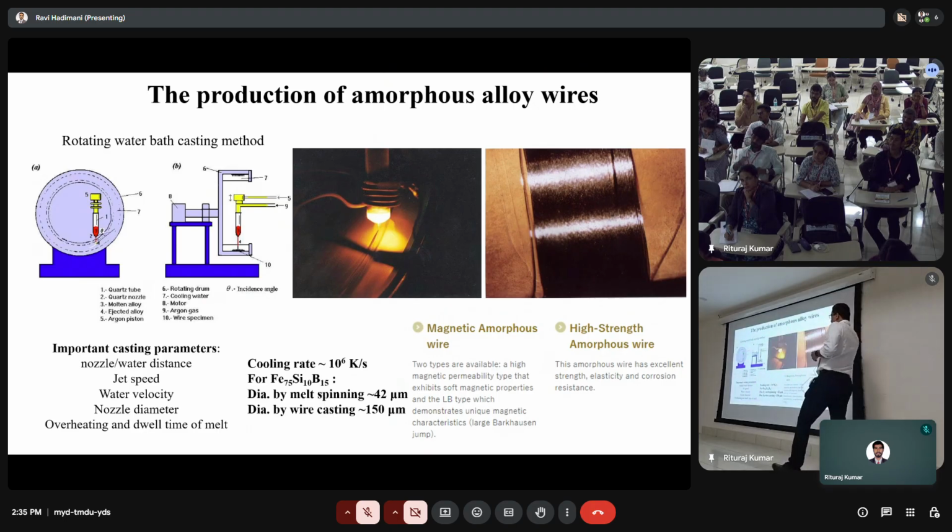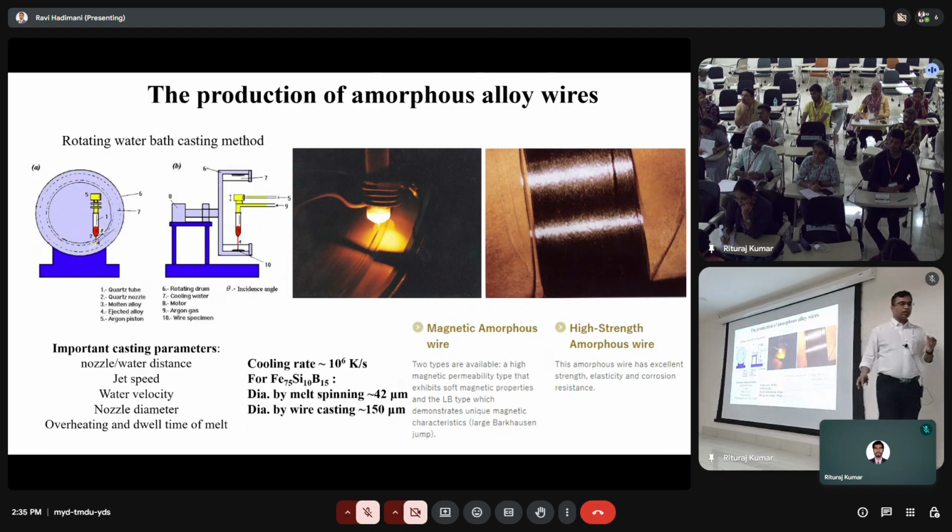So amorphous materials were not widely explored before, but they have good mechanical and good magnetic properties that are quite useful. And you can also tune their electrical properties by heat treating.